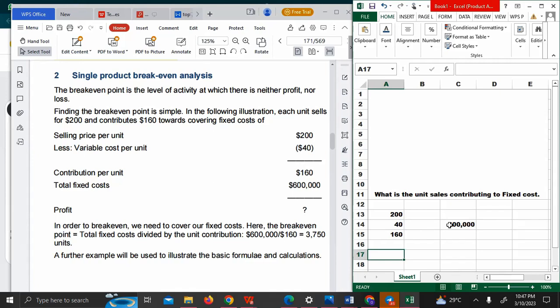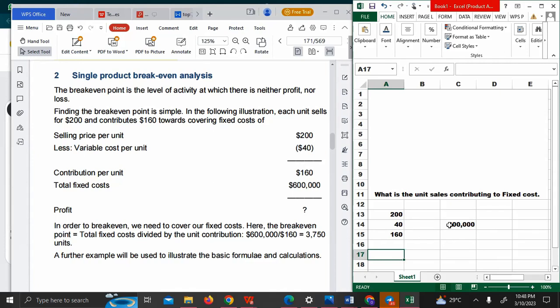So invariably, after I reduce the materials that I use and the labor, maybe I hire somebody and all of that, from what I sell, the remaining one is not necessarily the profit.